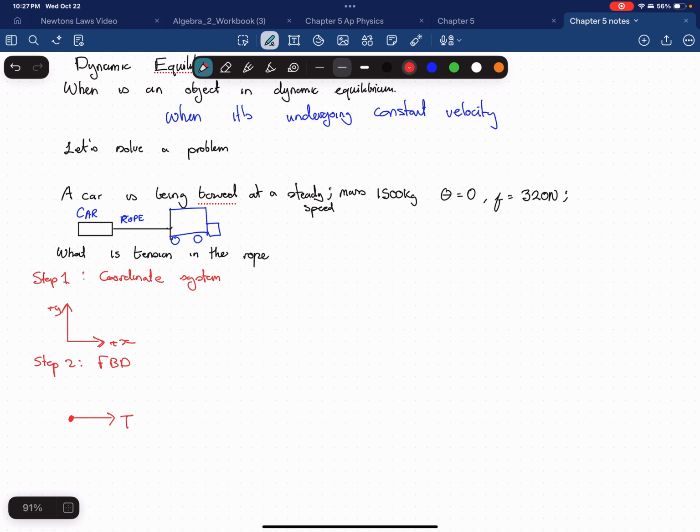Any other forces on the car? Well, the car is on the ground, so the gravitational force on the car is definitely existing. And because it's on a surface, you get the normal force as well. All right, so that's our free body diagram.